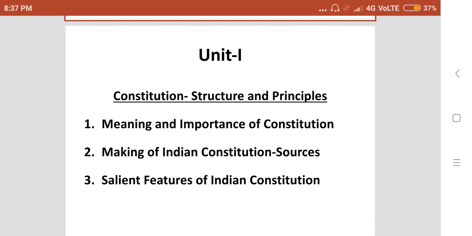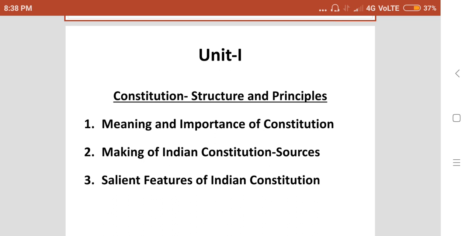So, according to the CBCS syllabus, Indian Constitution subject has three units. The first unit is on the structure and principles of the Constitution.